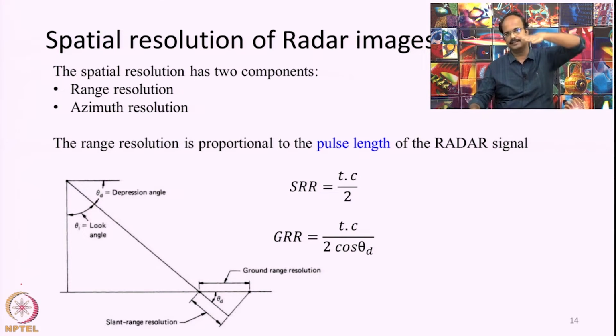The satellite is moving like this, acquiring the image in this particular direction. The length of each pixel in the range direction we call range resolution. Similarly, the pixel size in the azimuth direction we call azimuth resolution.